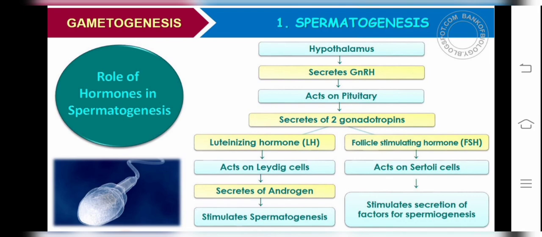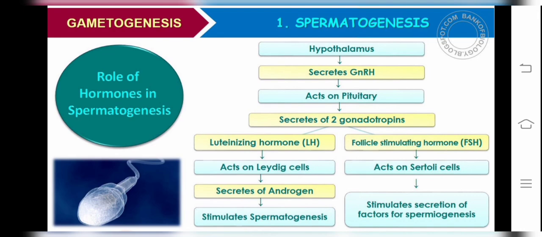I repeat: the hypothalamus releases or secretes a hormone called gonadotropin releasing hormone, which acts on the anterior lobe of the pituitary, and this pituitary secretes two hormones called LH and FSH.